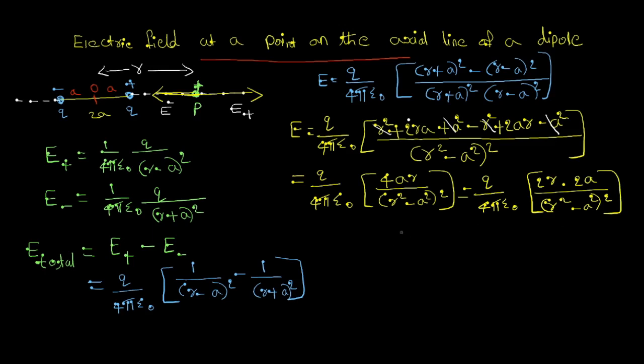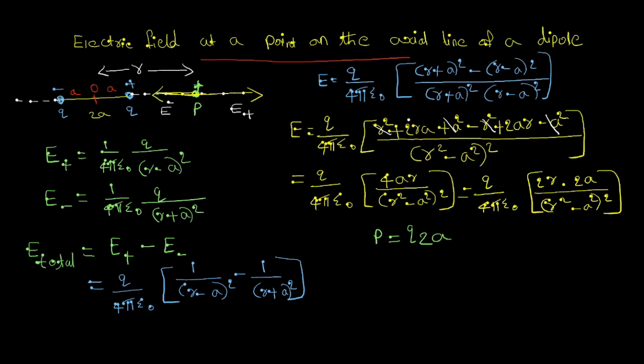What is 2a into q? 2a into q is the dipole moment. We already studied that. 2a into q, q into 2a, charge into distance is the dipole moment, which is p.